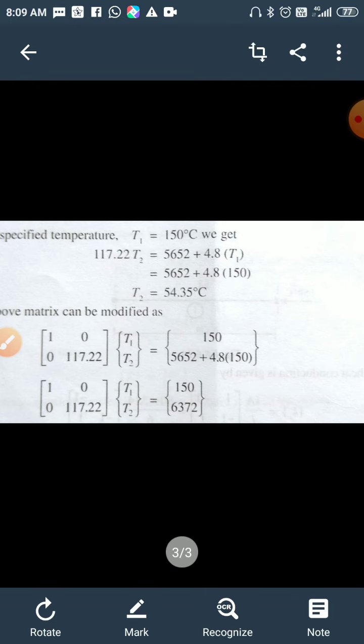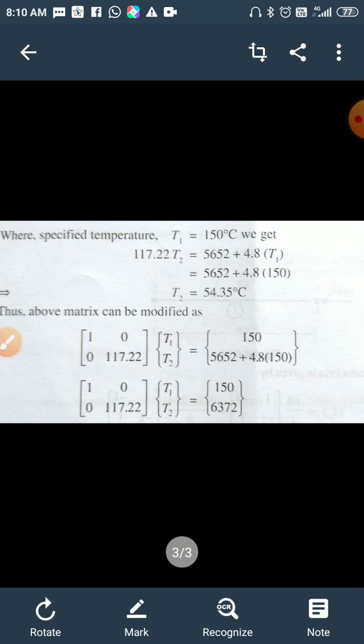Thus the above matrix can be modified as: the matrix 1 0, 0 117.22 times T1 T2 is equal to the force vector, with 150 as the first entry. Temperature T1 is given, so the force vector at node 1 is 150, and at node 2 the value is 5652 plus 4.8 into 150.